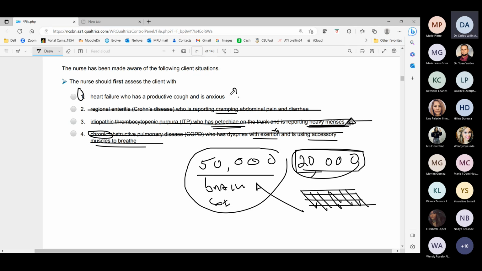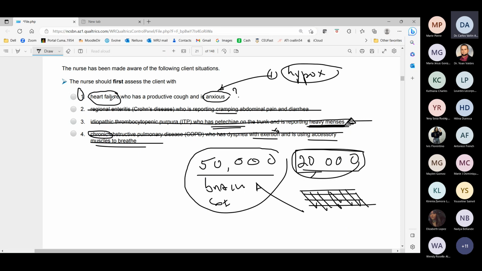Why one? When you see a client that is anxious, the number one cause of anxiety is not testing or the bills, it is hypoxemia, because oxygen is the number one need in our hierarchy of needs. And frequently the terms anxious, restlessness, etc., are used to make you suspect hypoxia in a client that is at risk of hypoxia.